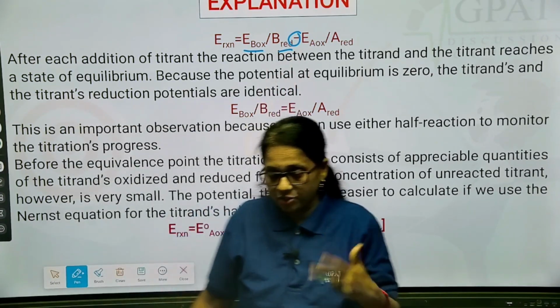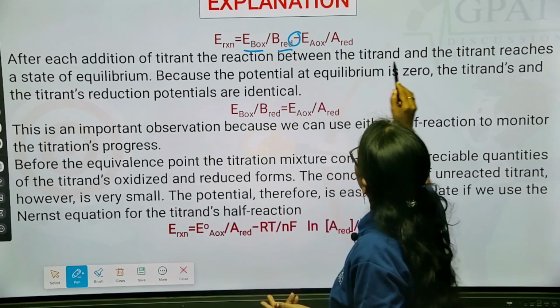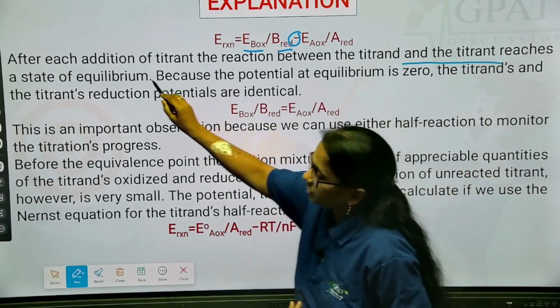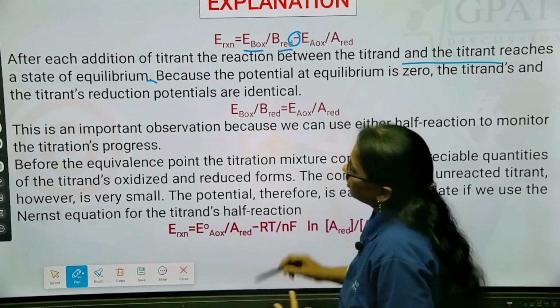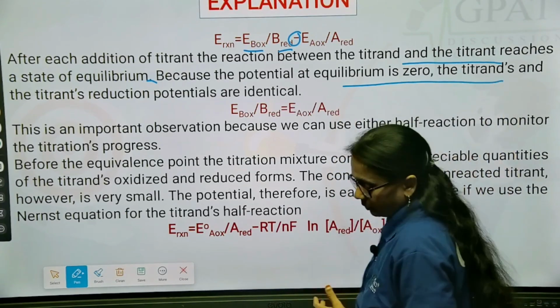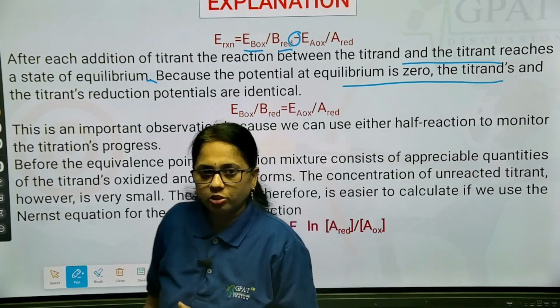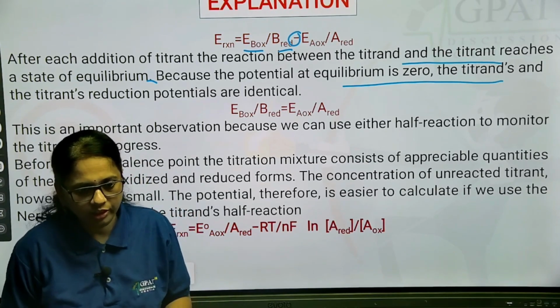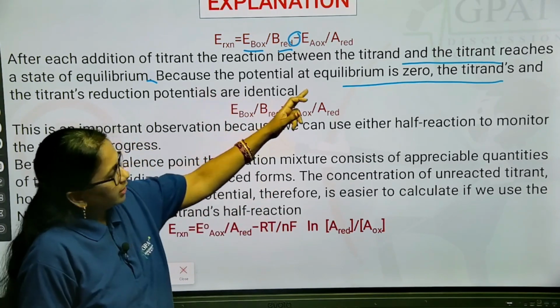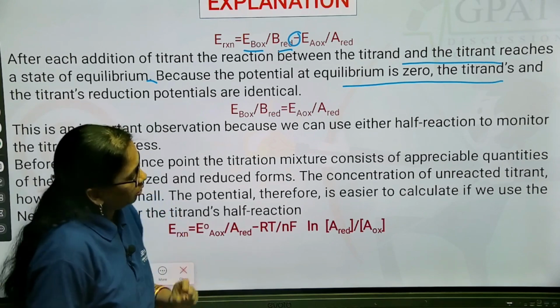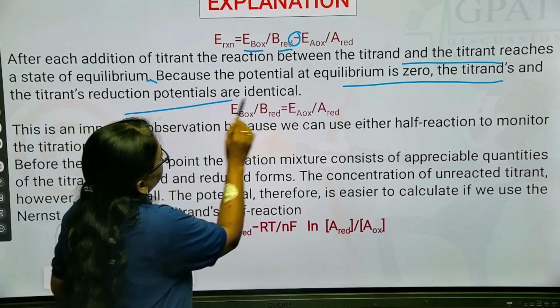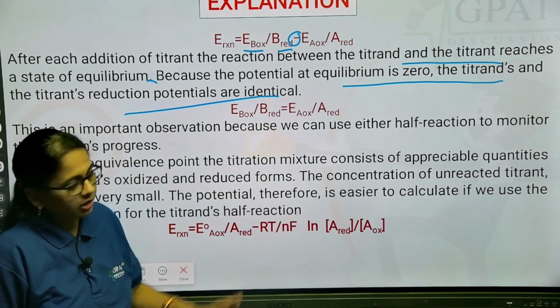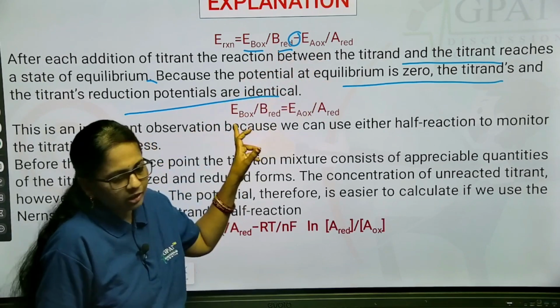After each addition of the titrant, it is going to reach an equilibrium state. Okay, when equilibrium has been reached, that means you are at the end point. Then the potential of the reaction at equilibrium is going to be 0, and the analyte and titrant reduction potentials are identical, that means these two are going to be equal.